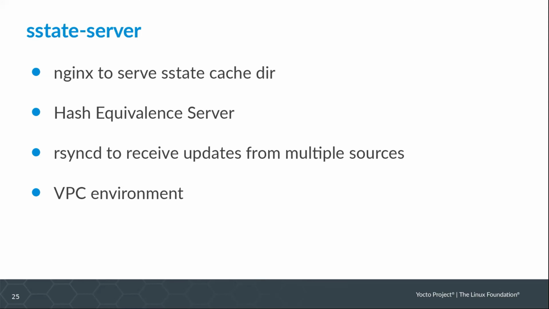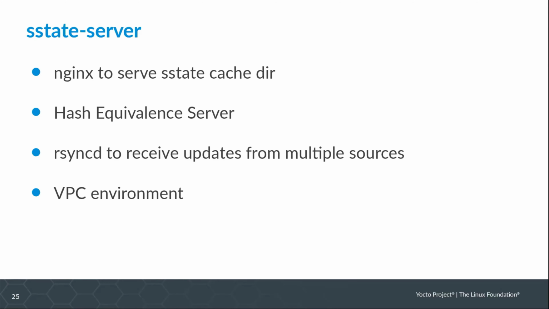When they finish their build, they save their sstate to that rsync daemon, to that sstate server, and they only append what's new. So the first build will take long. You will see on the numbers slide on the next slide.